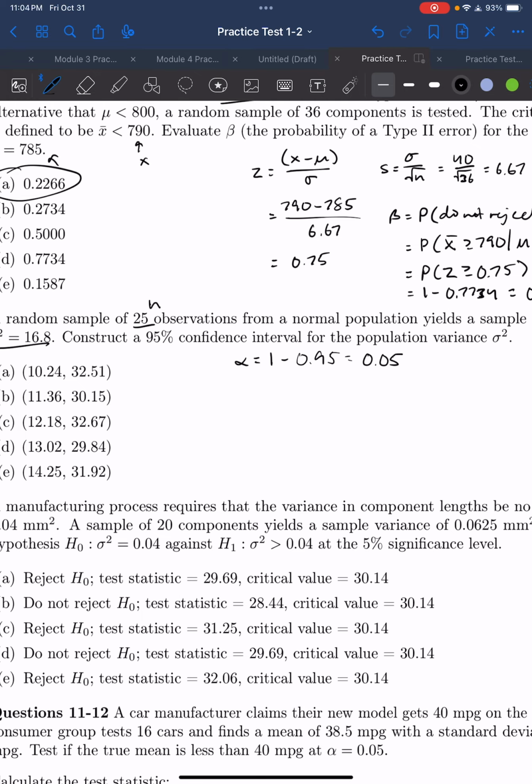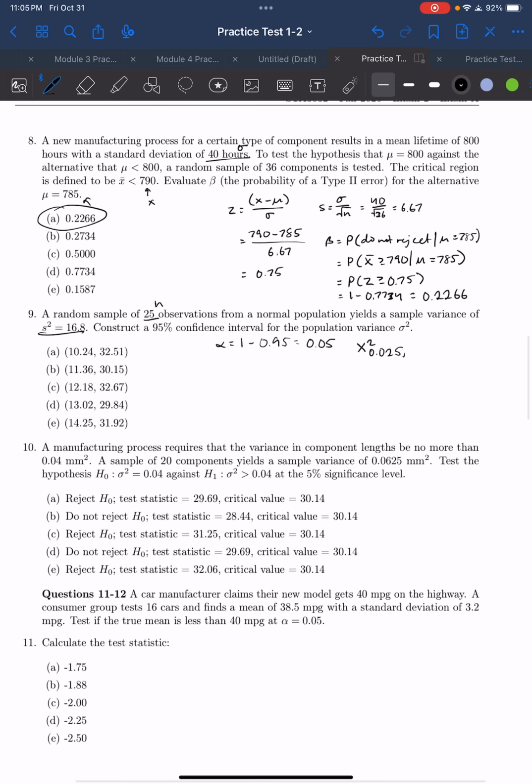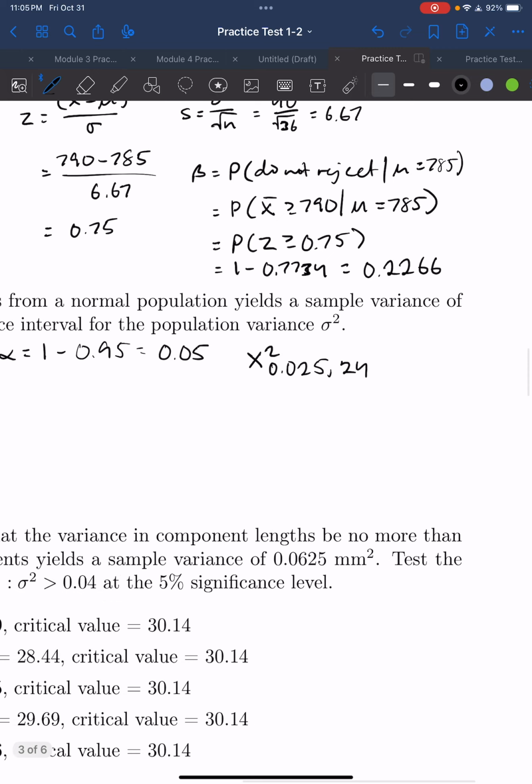And we want to calculate our two chi-square values. So we have chi-square with our alpha divided by 2, and then our degrees of freedom is n minus 1. So we have our alpha here is 0.025, and our degrees of freedom is n, so 25 minus 1, so that's 24.